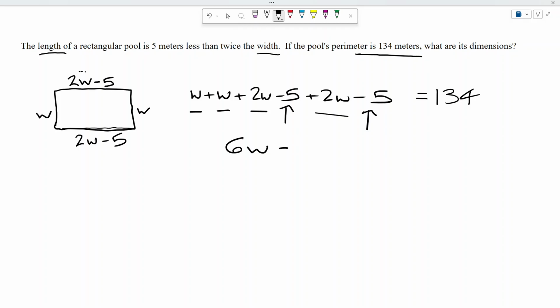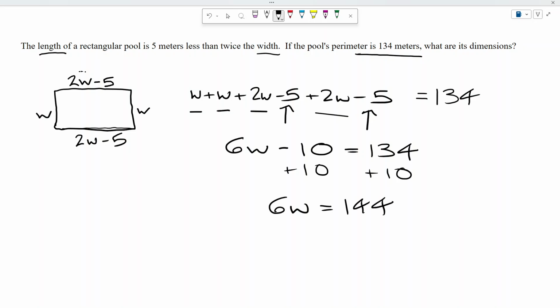So that's going to come out to -10. All of our like terms are combined and simplified. It equals 134, and if we add the 10, we're left with 6W equals 144, and divide by 6.